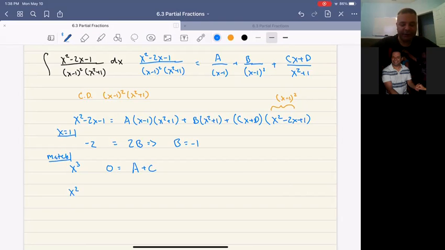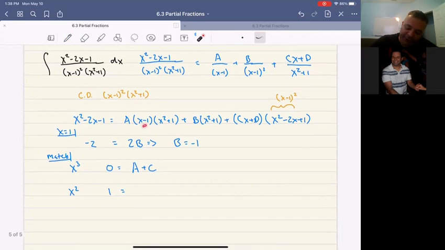x squared terms, let's match x squared. We get 1 on the left-hand side because there's 1 x squared there. Now, what do we get on the right-hand side? Well, this is going to be a times negative 1 times x squared, so we get negative a plus b, that's from this, but remember b is -1.